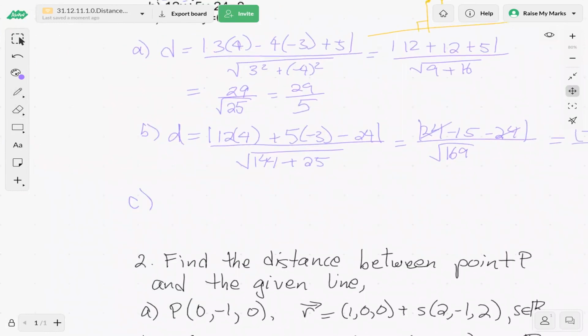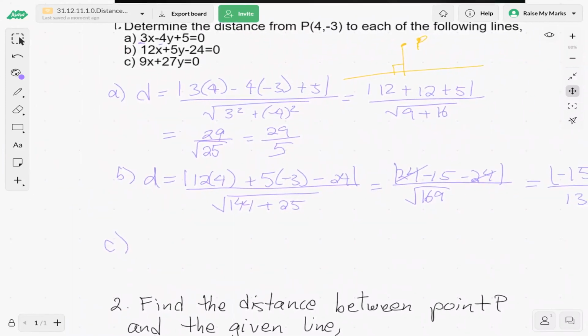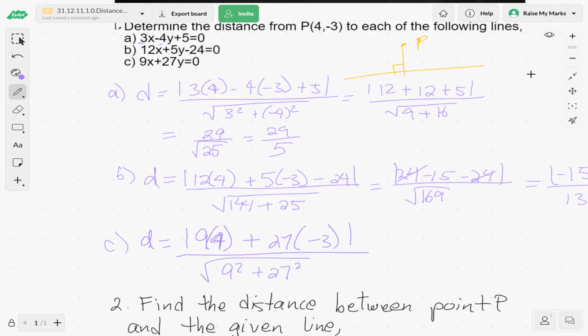In part C our line is 9x plus 27y equals 0. So our distance is the absolute value of 9 times 4 plus 27 times -3, plus 0, over 9 squared plus 27 squared, and we take the square root of all of that.